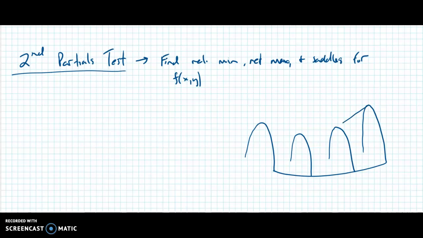I'll connect it like this, so that that's the end. The saddle point is this one: there's kind of this parabolic shape opening up and this parabolic shape opening down, and they go in different directions.